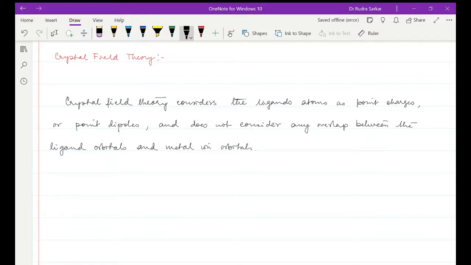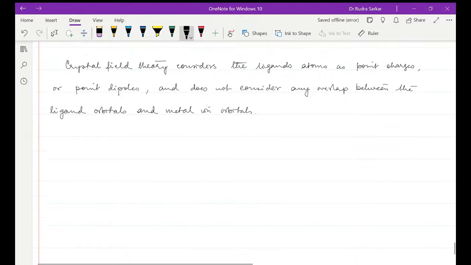So because of this, an electric field is produced at the metal ion, surrounded by some ligand ions or dipolar molecules. Now, such an electrostatic field will exert some effect on the metal ion.